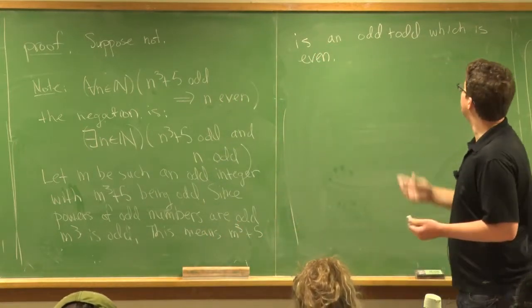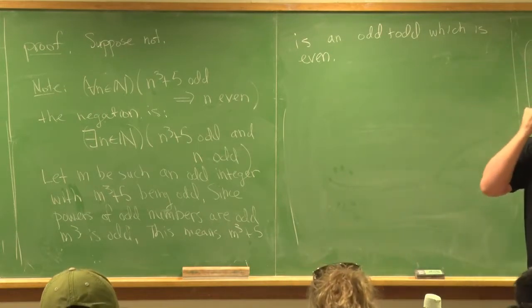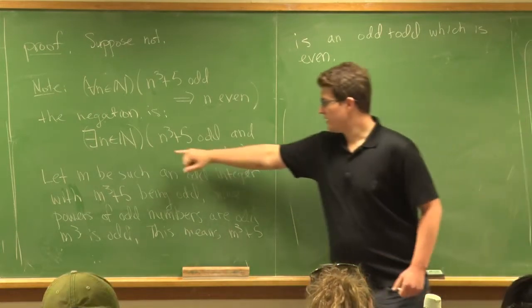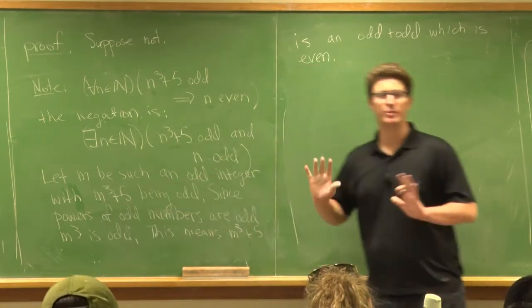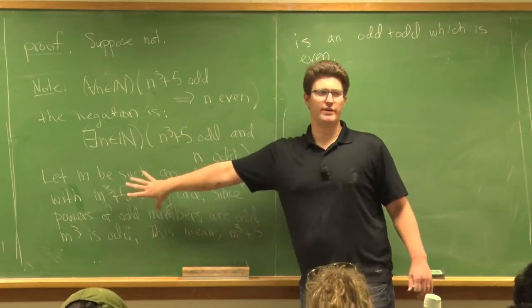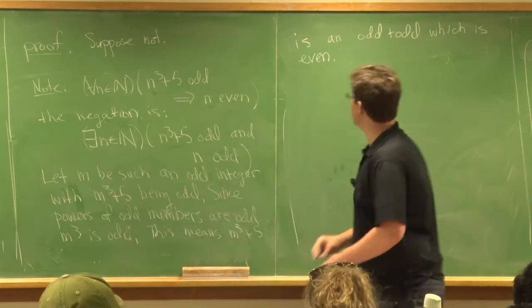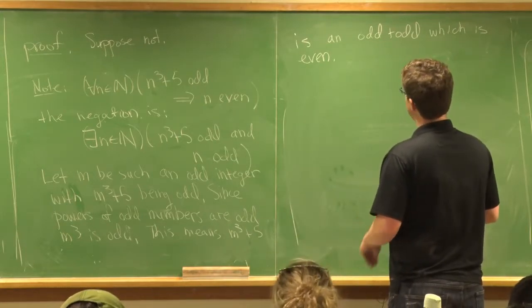All right? But what did we do? So what did we suppose? We suppose that n cubed plus 5 is odd, or in particular, m cubed plus 5 is odd for a particular one. So this is like there exists one, and then we flagged the variable. We said that we picked a particular one, right? Okay, and so which is even.